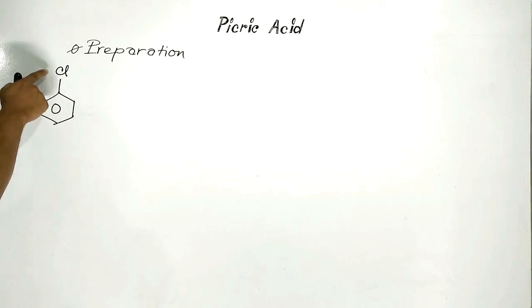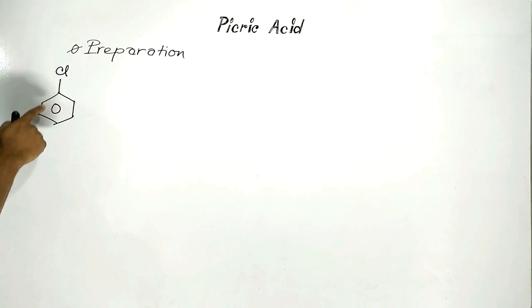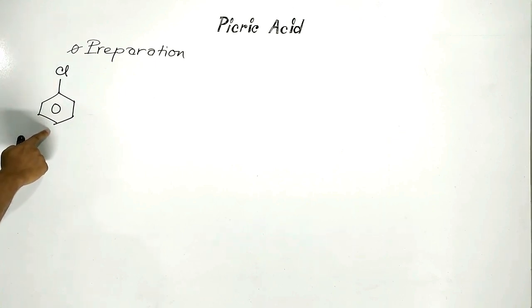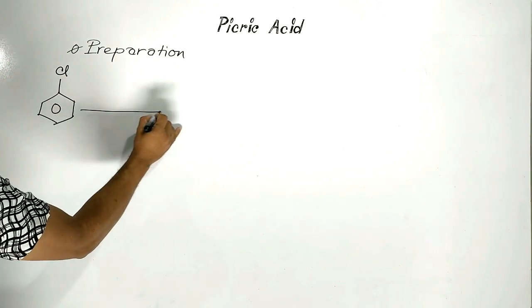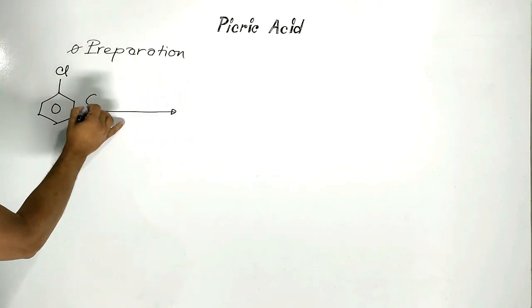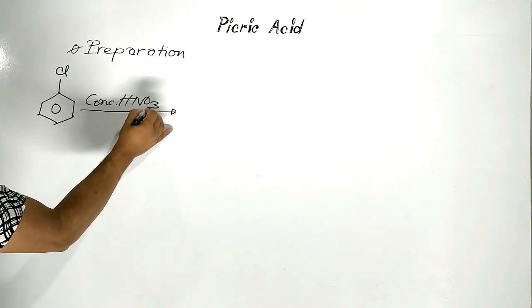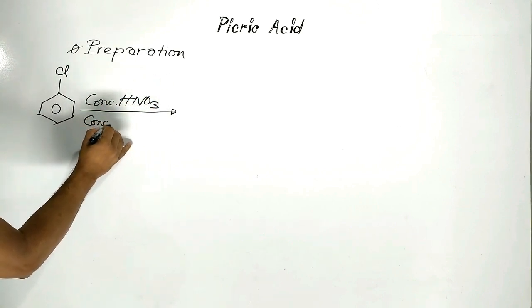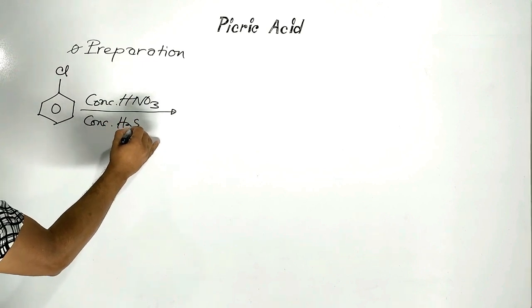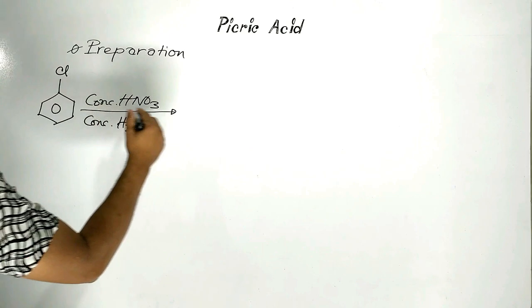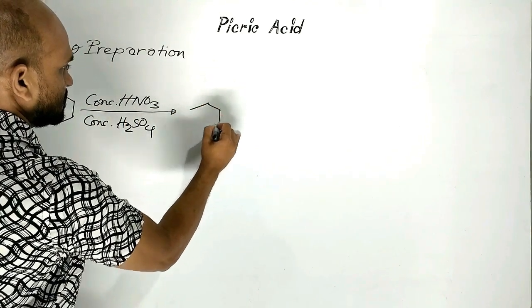That is, chlorine activates the benzene ring through donation of its lone pair of electrons. When chlorobenzene is nitrated in presence of concentrated sulfuric acid, then chlorobenzene converts to this compound.